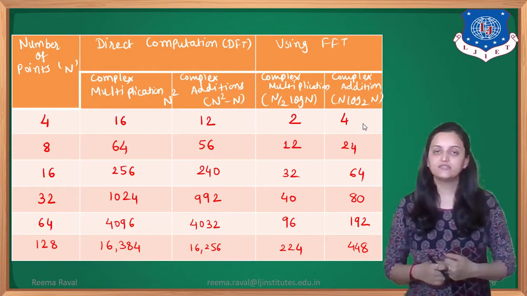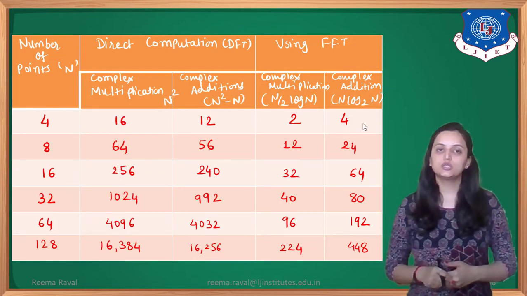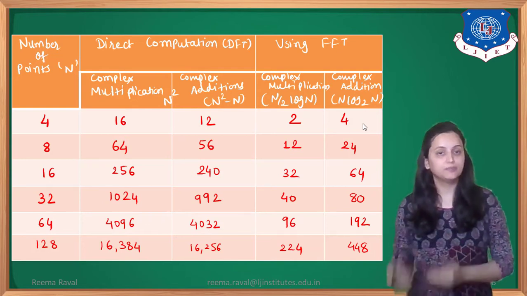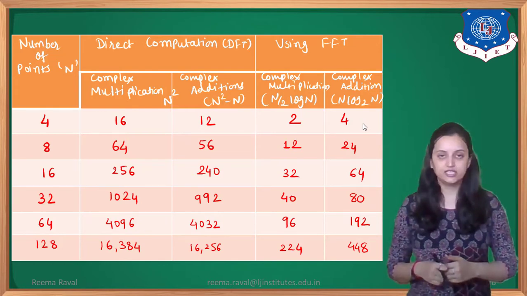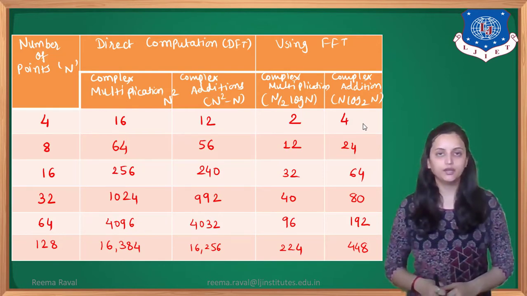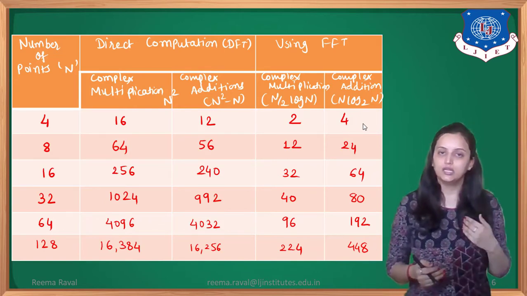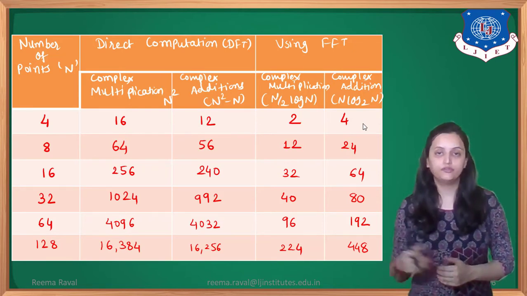So for the second case, we have taken N equals 8. Here in the DFT case, the number of complex multiplications will be 64 and the complex additions will be 56, based on the formulas written over here. In the same way, for FFT, the complex multiplications are 12 and the complex additions are 24.